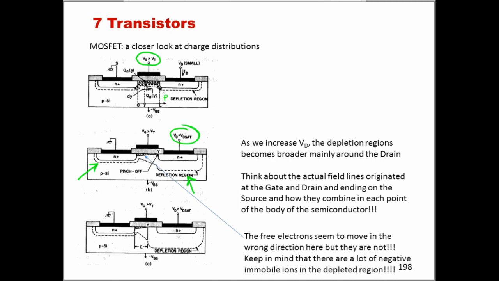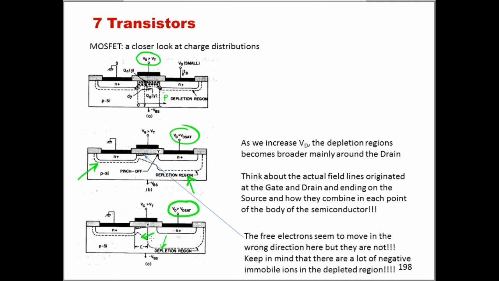And if we keep increasing VD, we see that the depletion region due to the reverse biased p-n junction at the drain extends now well beyond the proximity of the drain junction, and starts to expand into what we would call the channel area.